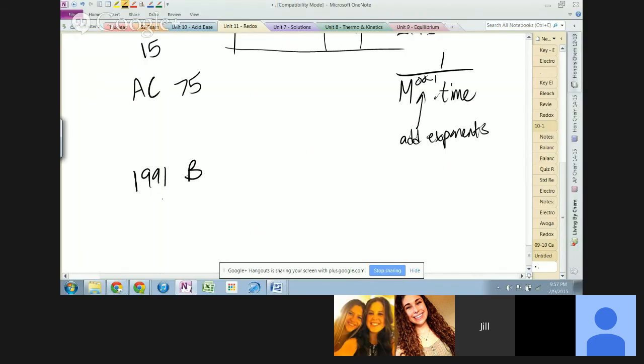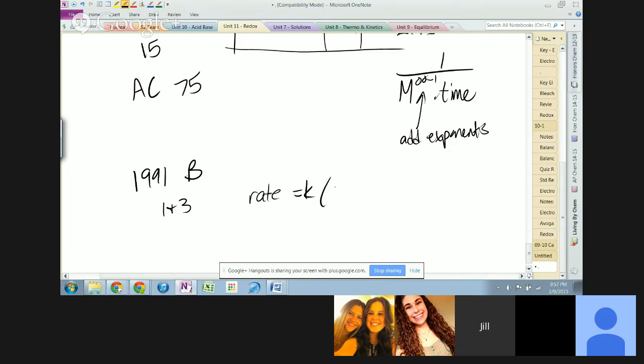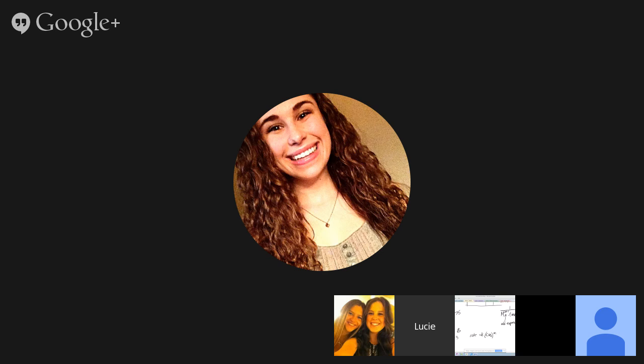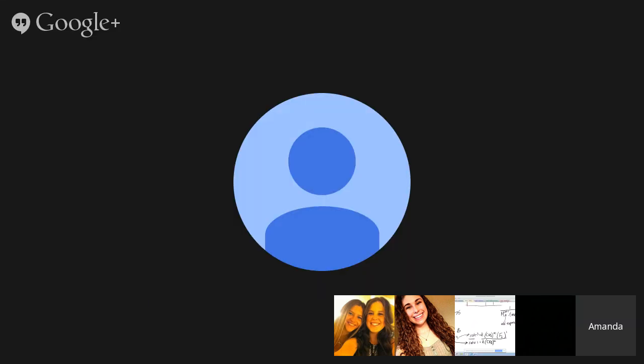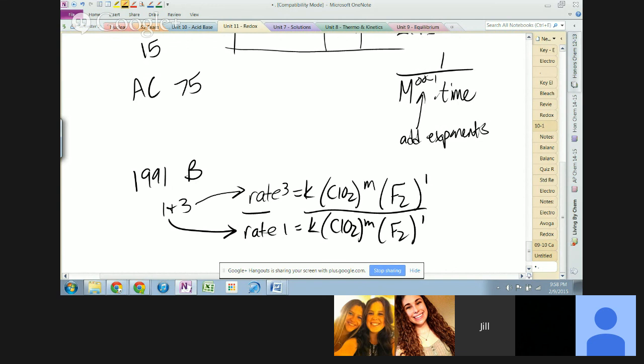So for this one, to find the order on ClO2, I compared experiments 1 and 3. So what you want to do is plug in what you know. So rate is K times ClO2 to some power we don't know times F2, and we know that it's to the first. And so we're going to compare that to different trials. So let's say we'll put 3 on top, 1 on bottom. 3 times ClO2 to the M times F2 to the first.